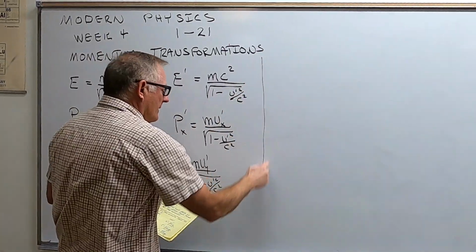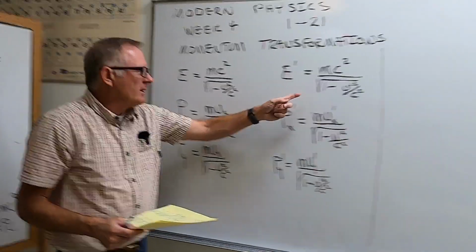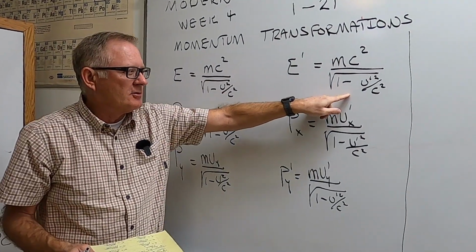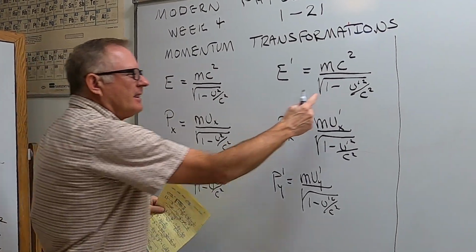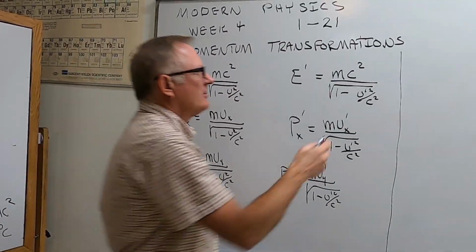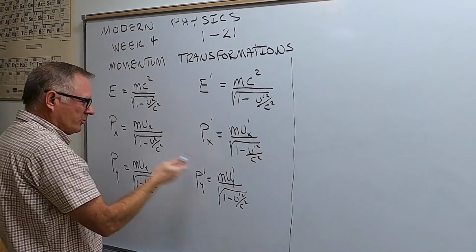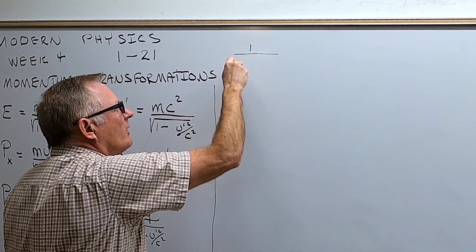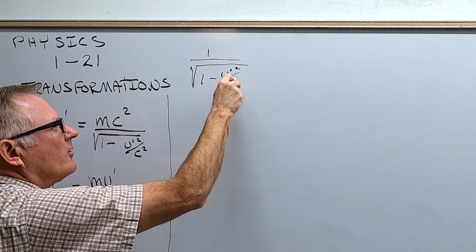Well, it looks like, at least for this, the only thing that's really transforming is this 1 over the square root right here. So we really should just see how does this transform back to this? So let's just look at that term. Forget about the mc squared because we seem to have a lot of these all over here. So what if we just say 1 over the square root of 1 minus u prime squared over c squared.